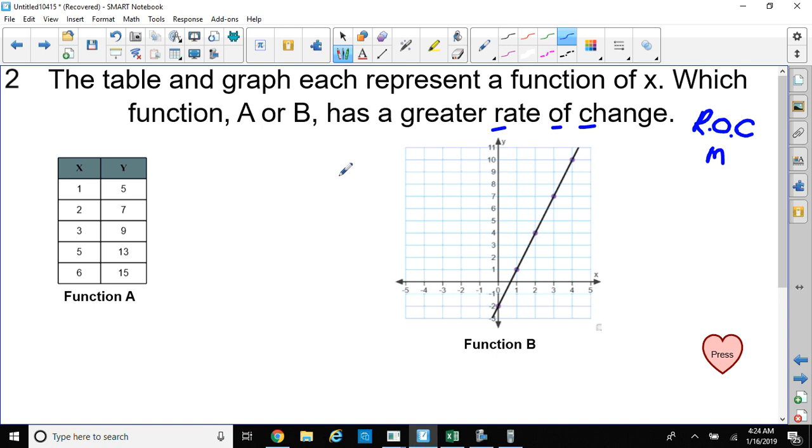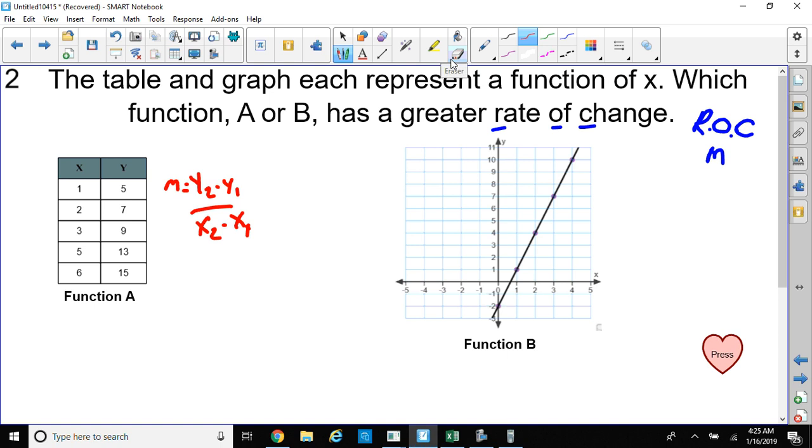Let's go to function A, and we have a table with x and y coordinates. If you remember the formula we just did a minute ago, we take a y value, subtract it from another y value, over the x value subtracted from the other x value.